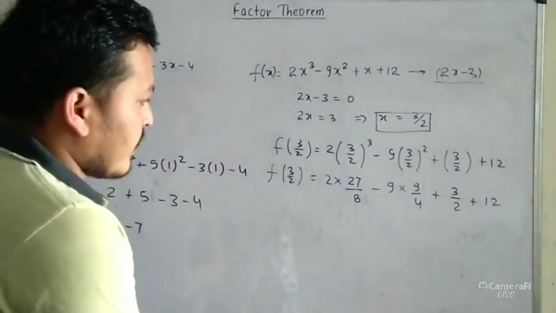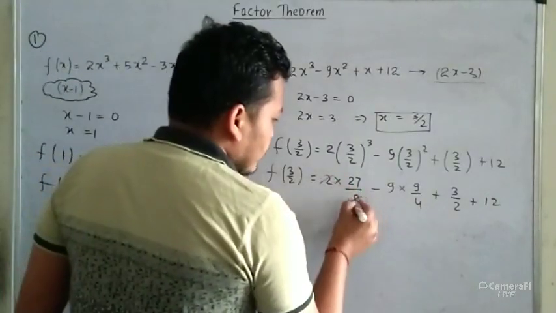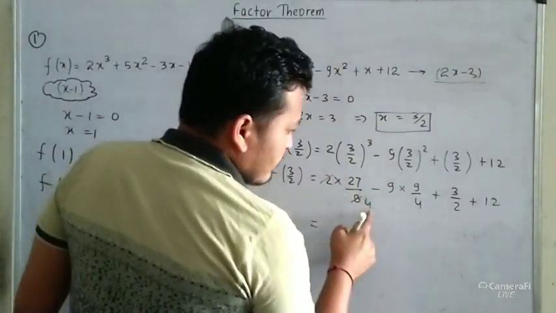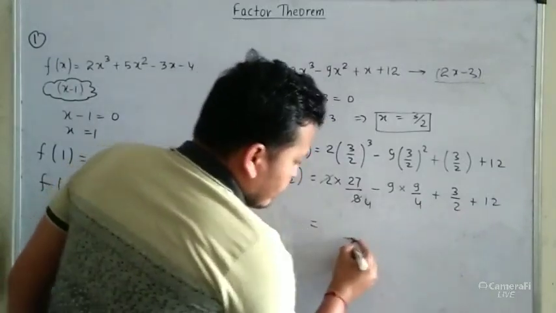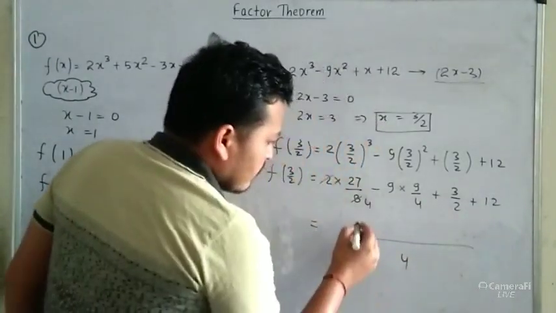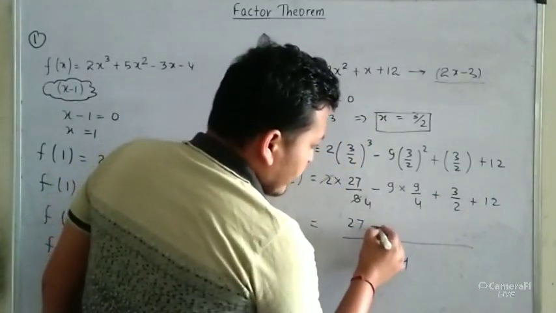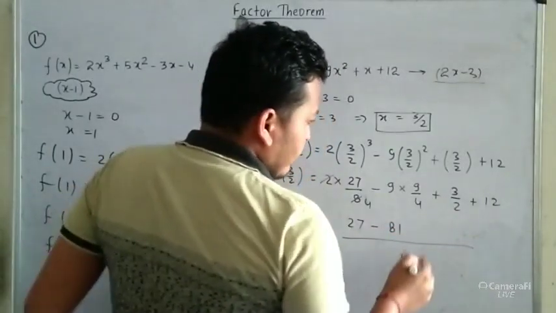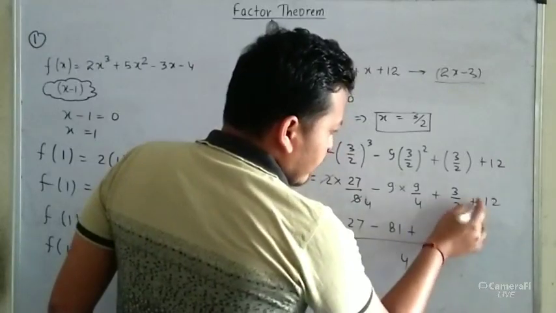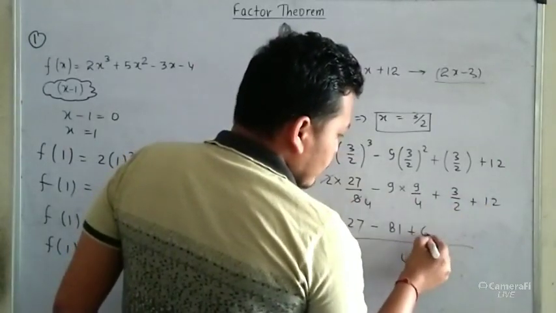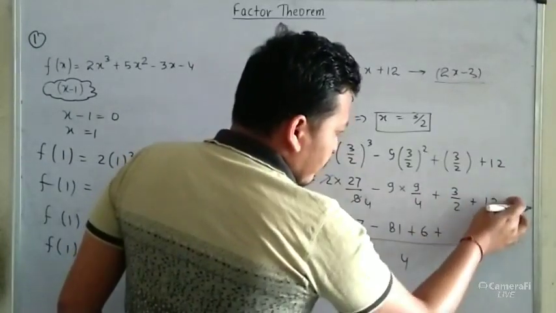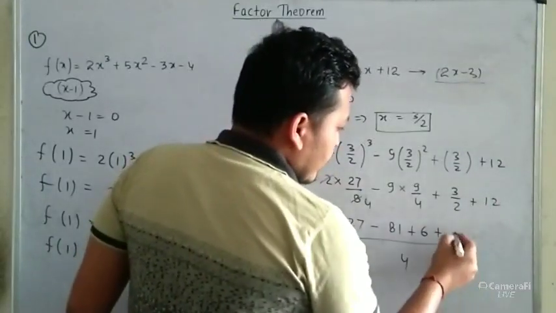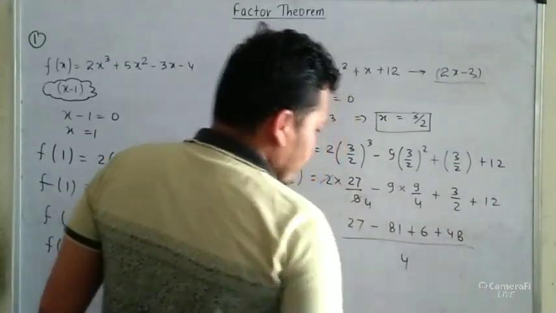Okay, so we can simplify it. 2 into 27 upon 8 is 27 upon 4. We can take the LCM, which is 4. Then this is 27 minus 9 into 9 is 81, plus 3 by 2 multiplied by 2 in the numerator is 6, and plus 12 multiplied by 4 is 48.